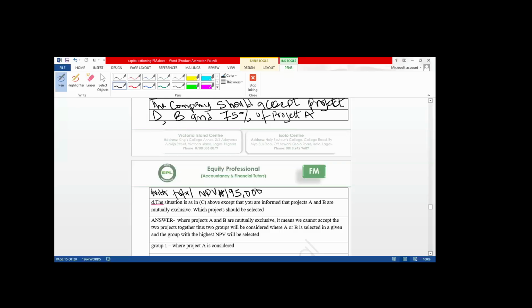In this case, two groups will be considered where A or B is selected, and the group with the highest NPV will be selected.